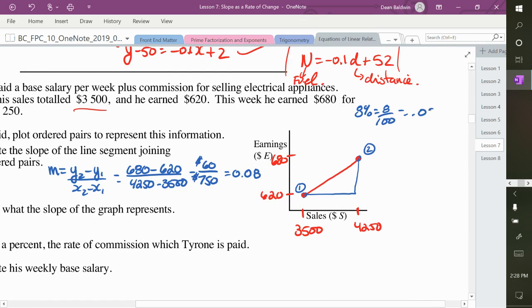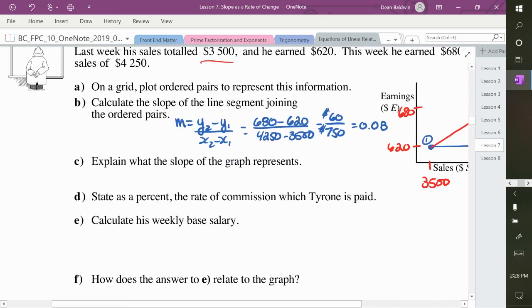That's why you get 0.08. 8% is 0.08. So if the slope of the line is 0.08, he's earning 8% commission on every sale.